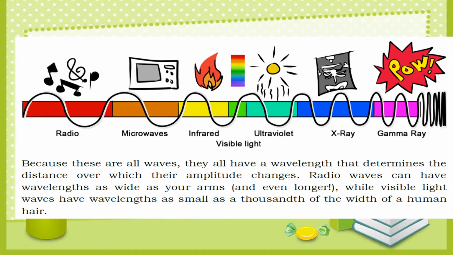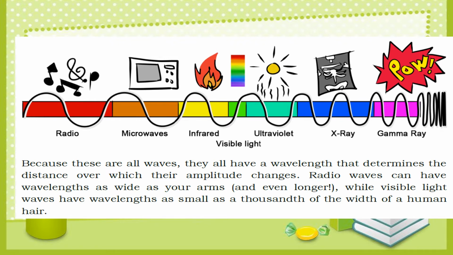Radio waves can have wavelengths as wide as your arms and even longer, while visible light waves have wavelengths as small as a thousandth of the width of a human hair. So try to look at the diagram where you can see different colors.